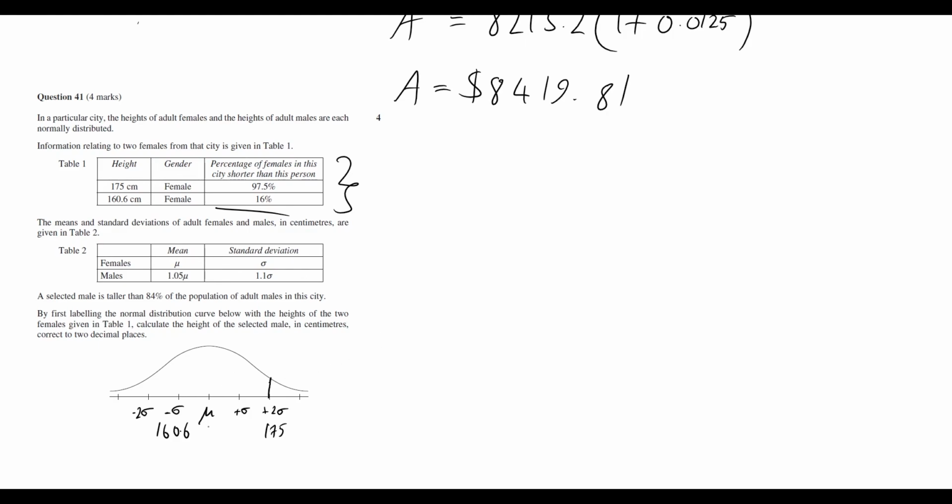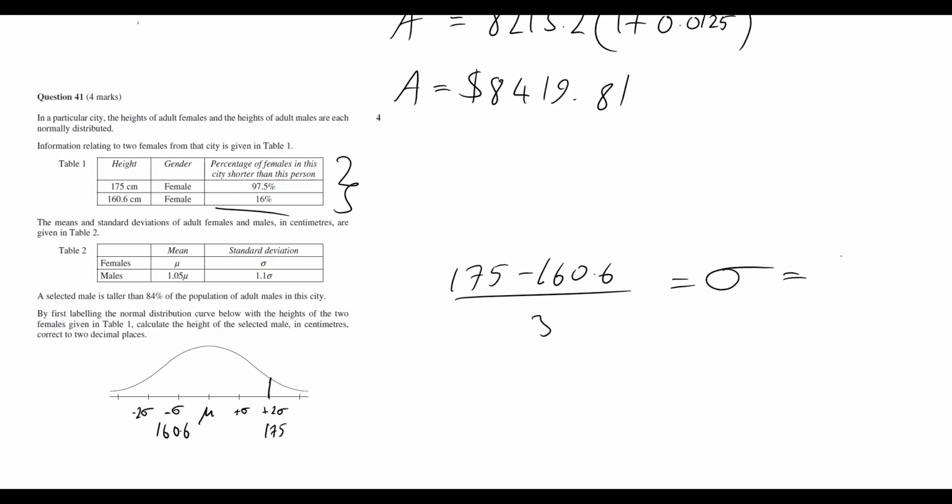Okay, so we're almost there now. We need to determine our mean. Our mean is going to be a common difference away from both of these. It's 1 sigma away from 160.6 and 2 sigmas away from 175. So we say, what's 175 minus 160.6, and then we divide that by 3, and that will give us sigma.